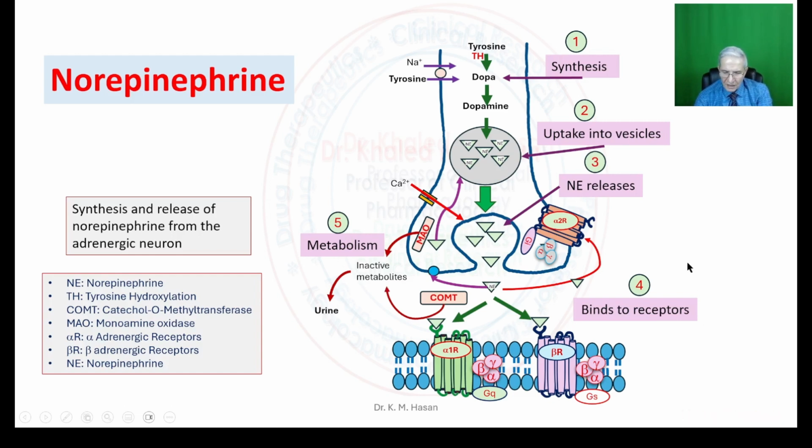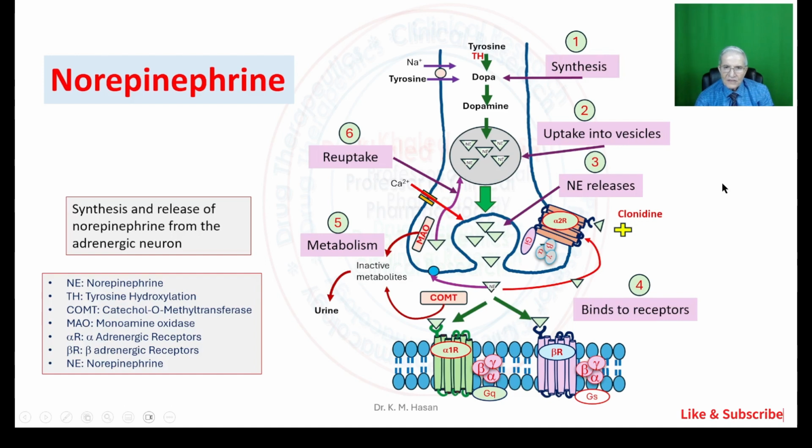So after that, we have another option. Number 1, binding to the postsynaptic receptor; number 2, binding to the presynaptic receptor; number 3, metabolized by the enzyme. Number 6 will be reuptake. You can see here the norepinephrine uptake and reuptake, coming back to the vesicles.